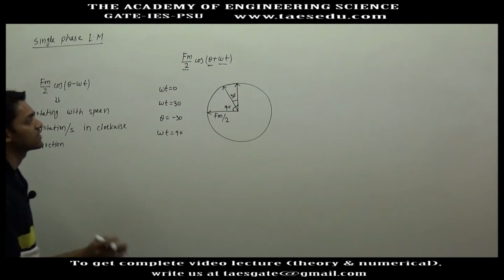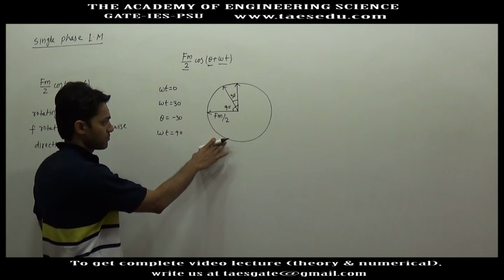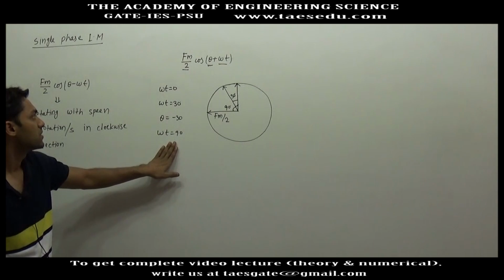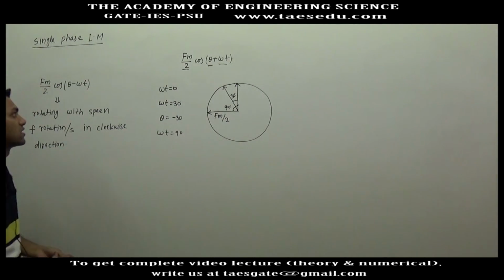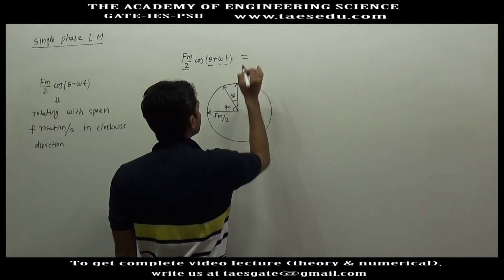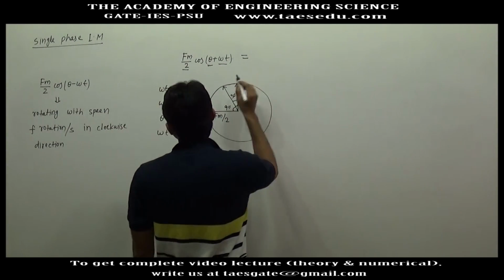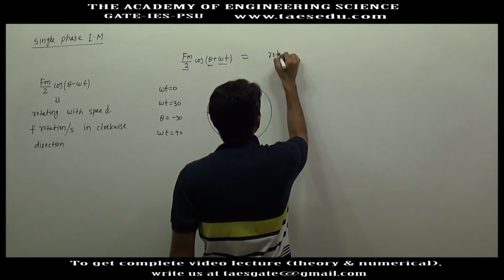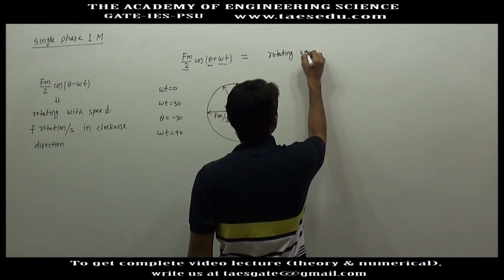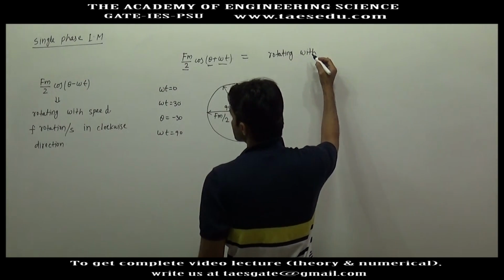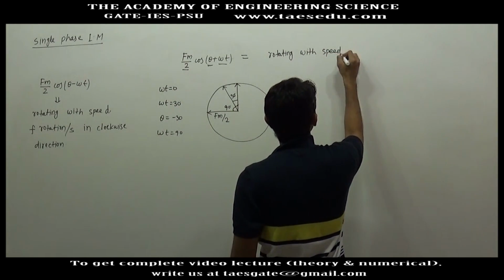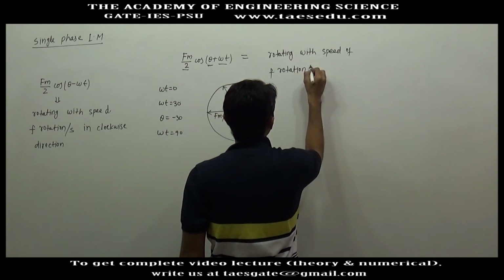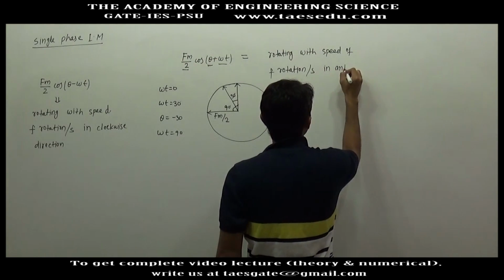And similarly, if you try to find out the speed, we can conclude, as we did in the previous case, that the speed is same as the frequency. So this part is rotating with the speed of f rotation per second in anti-clockwise direction.